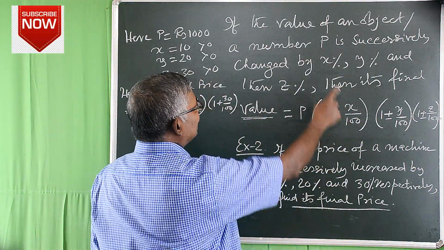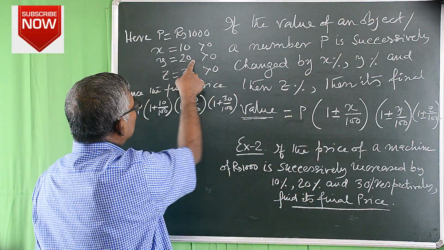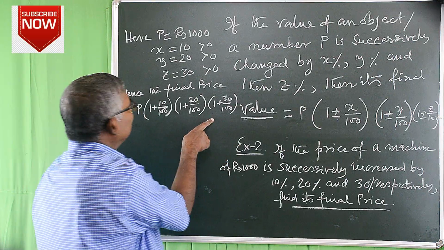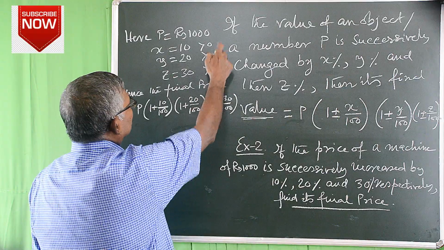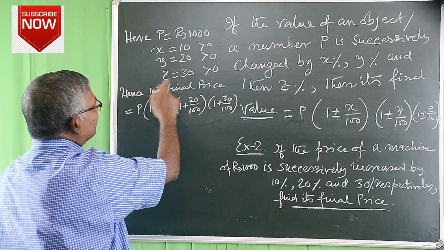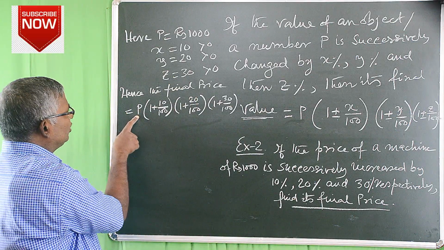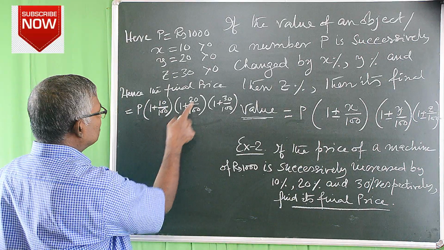Here x%, y% and z% are 10%, 20% and 30%, and every time the price is increased. So x is greater than 0, y is greater than 0 and z is greater than 0.